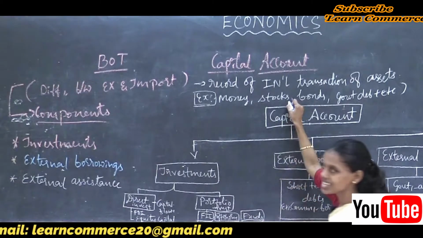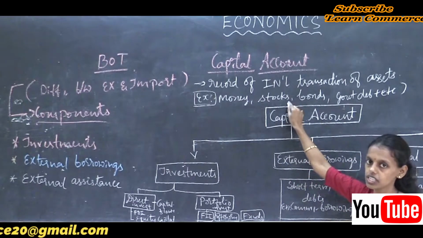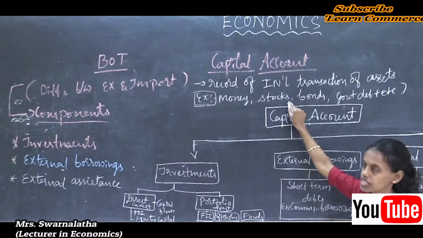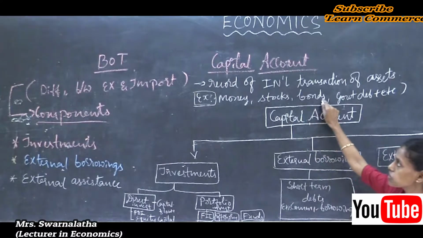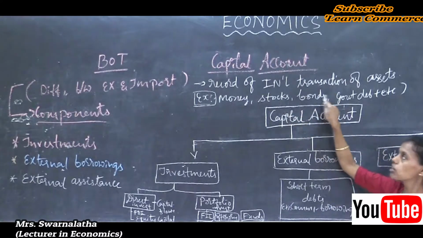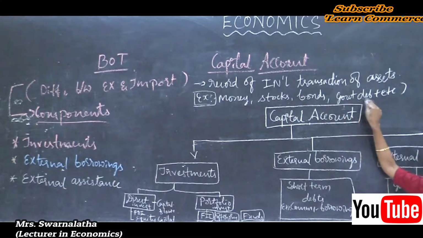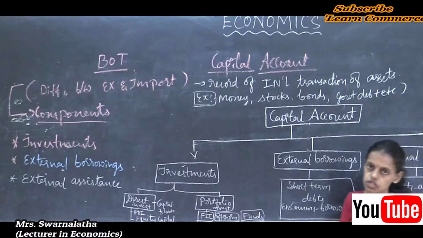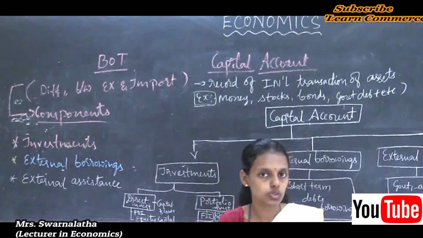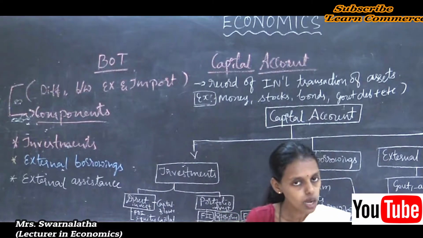Even stocks, as I said, inventories. Inventory is a stock variable. The capital account also includes bonds and government debt records. Debt means borrowings from the public.